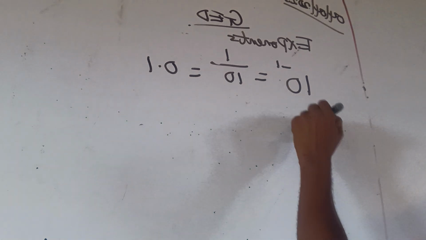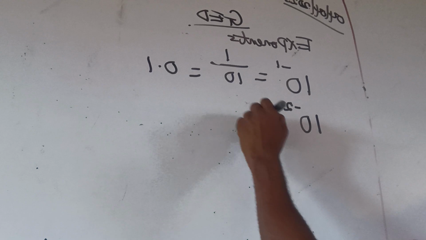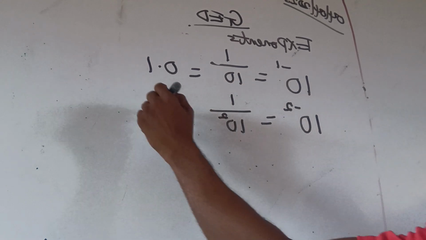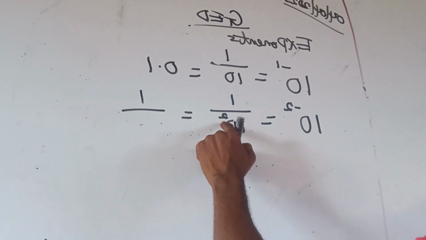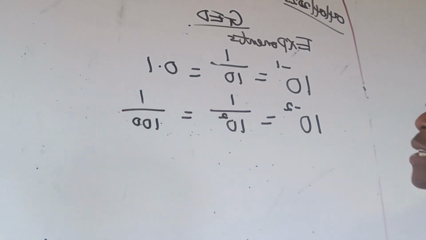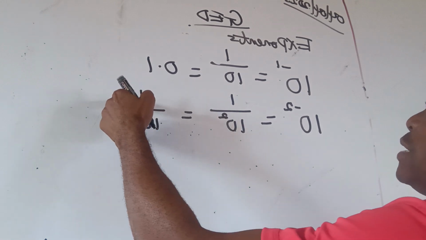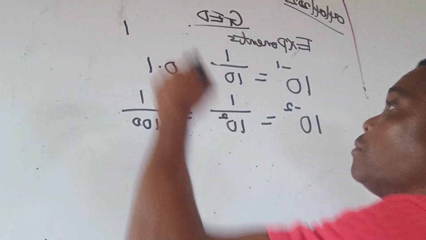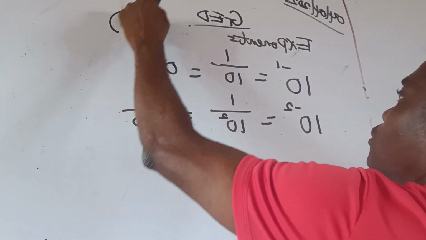If I have 10 raised to the power minus 2, it's still the same thing. It is 1 over 10 raised to the power 2, and earlier we said 10 raised to the power 2 is 100. Because there are 2 zeros, move the decimal. Can you see my board? Move the decimal 1, 2.